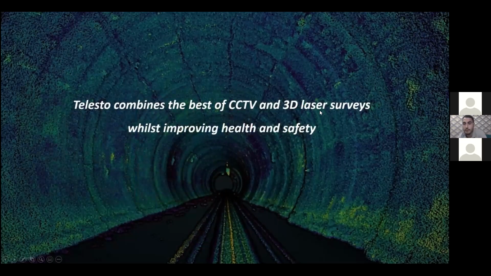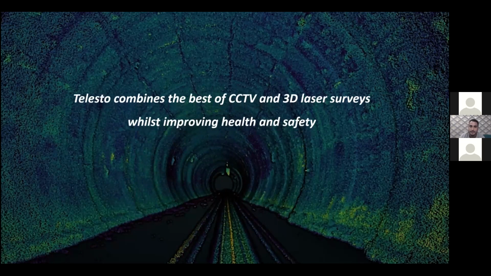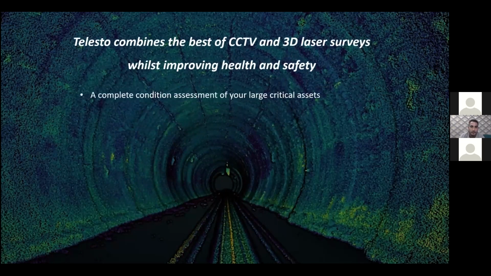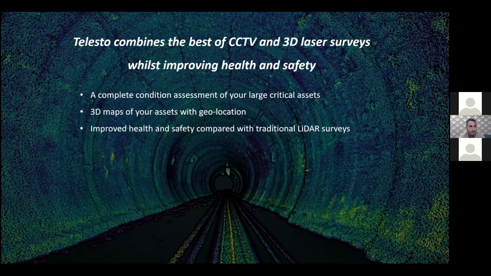So really to summarize, Telesto combines the best of CCTV and 3D laser surveys whilst improving health and safety. It provides a complete condition assessment of your large critical assets, 3D maps of your assets with geolocation, improved health and safety compared with traditional LiDAR surveys, and is significantly more informative than traditional CCTV surveys.